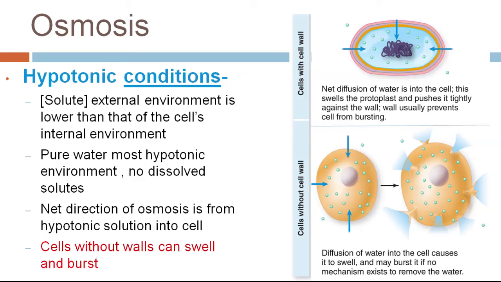There's a problem with this. For example, what would be a hypotonic condition? Think about living in pond water. Pond water does have dissolved substances, but it's more low solutes than the organisms living in there.